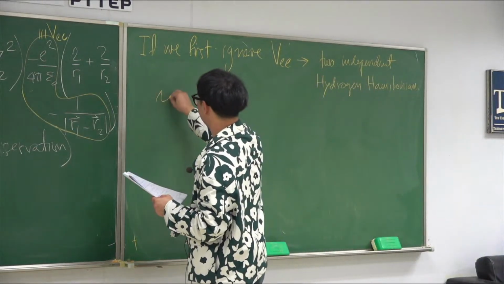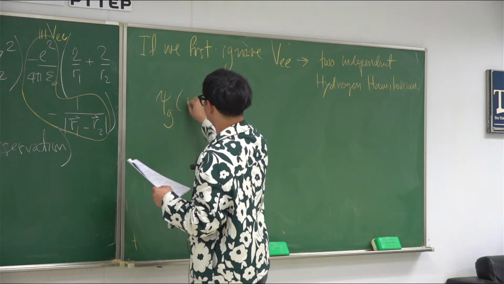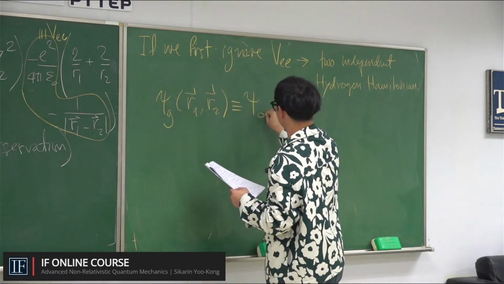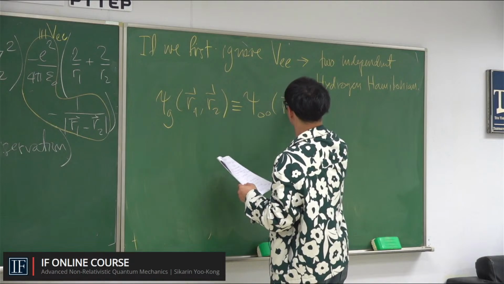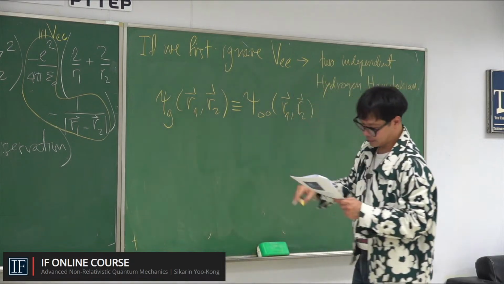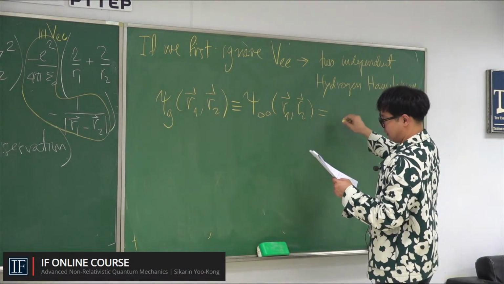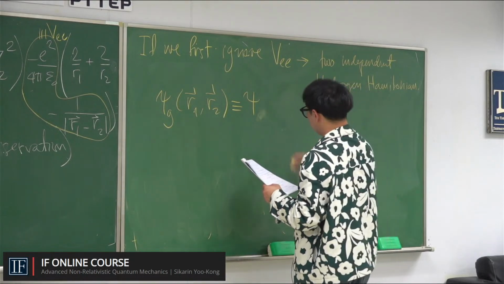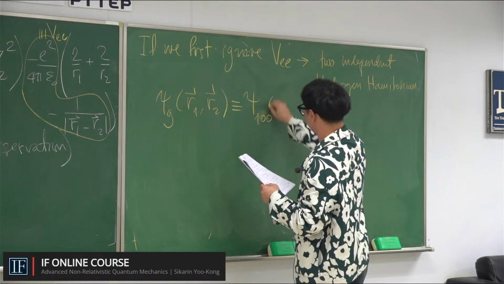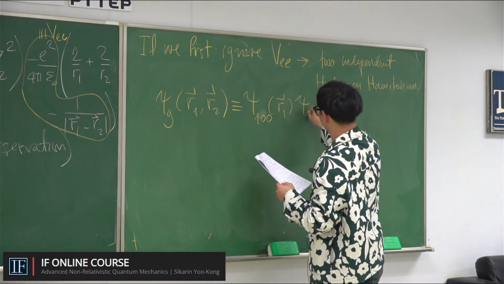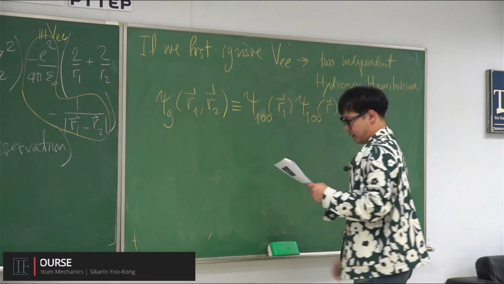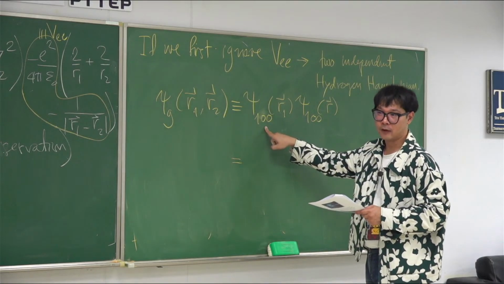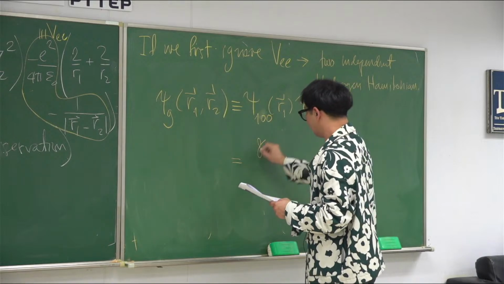So the ground state of this is, I'm going to use this, sorry, no, sorry, 100 right here. And you know the ground state of the hydrogen atom, right? What does it look like then?